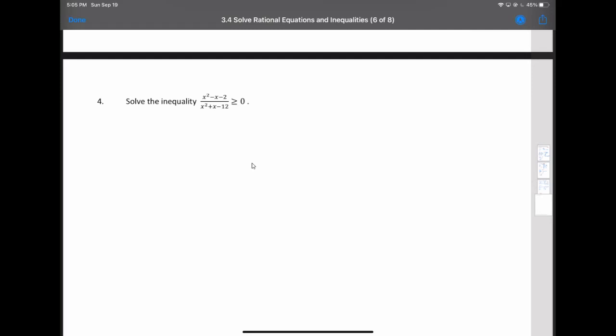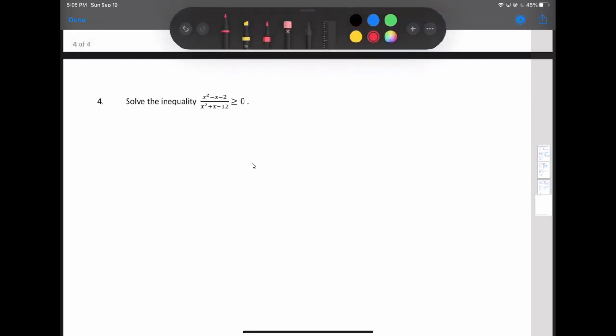So the first thing I'm going to do is just factor and see if I can make this any prettier and find if there's any restrictions. So on the top, I think that's factorable. Two numbers that multiply to -2 add to -1 are +2 and -1. Sorry, -2 and +1.